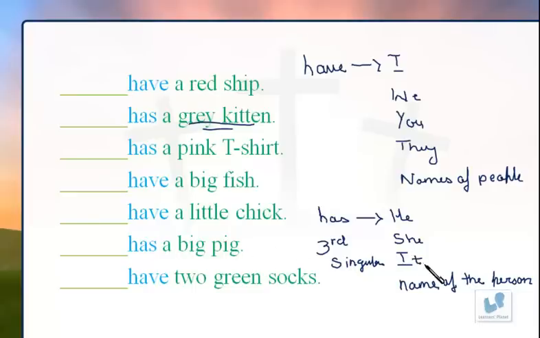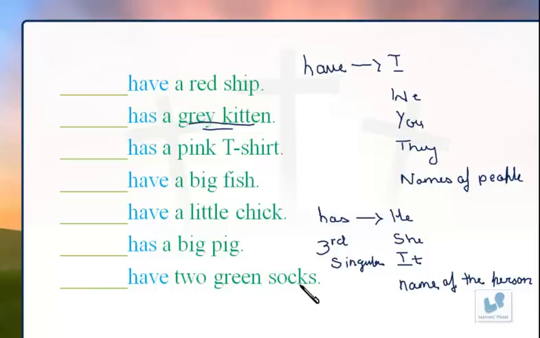We cannot use it over here because it refers to animals and non-living things, and over here we are talking about a pig which is an animal, so we cannot use it and we can use the other three options. Okay, children?